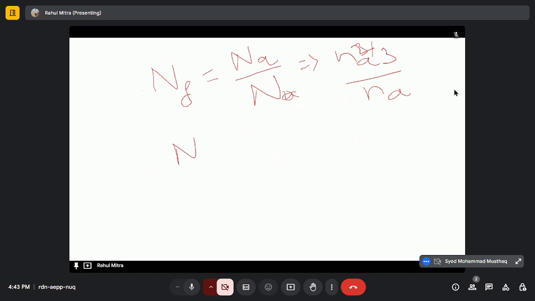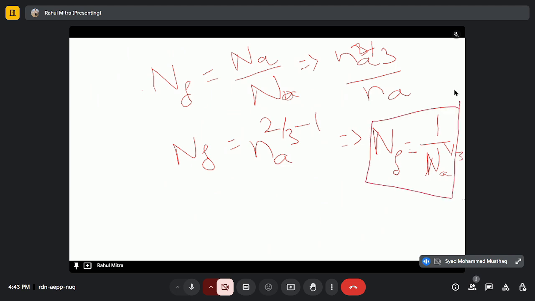So the fraction will be Na to the power of minus 1 by 3.